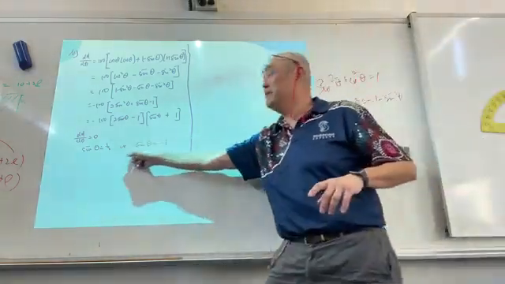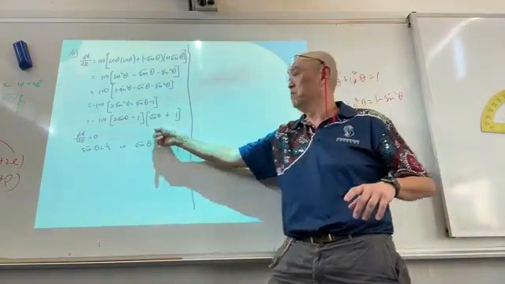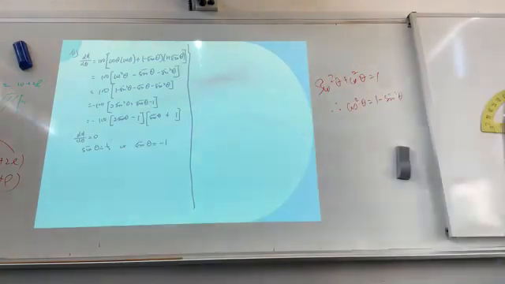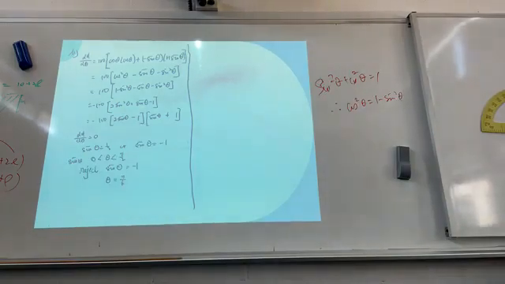Can I accept sine theta equals minus 1 as an answer? No, you can't. You really cannot accept sine theta equals minus 1. Theta is between 0 and pi over 2. So therefore, you need to reject sine theta equals minus 1 and accept theta equals pi over 6.